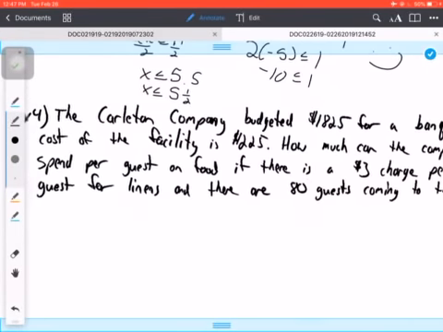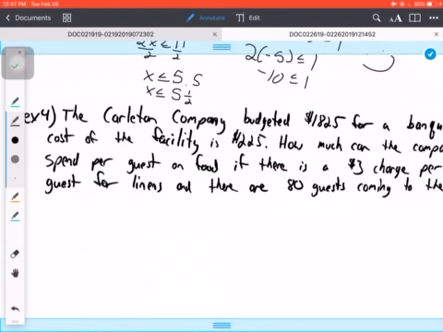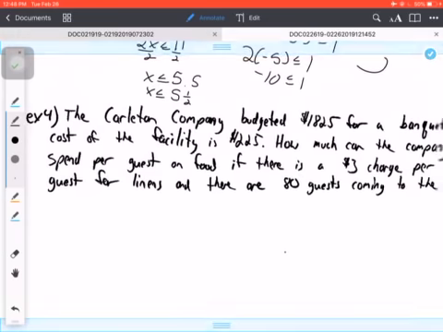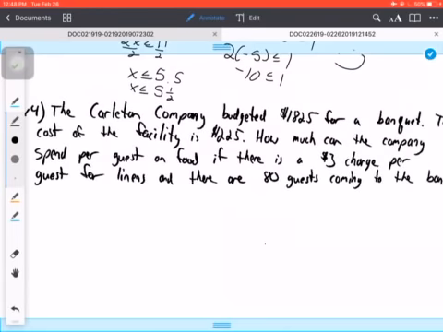Last question here now, example 4. So in this example, what we're going to have to do is create our own inequality, and then solve it. So it says the Carlton Company budgeted $1,825 for a banquet.